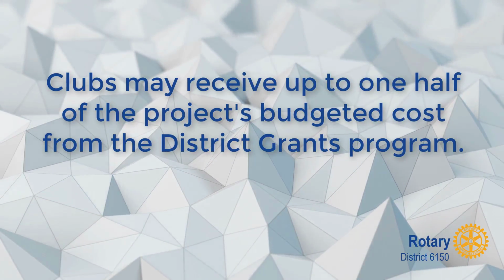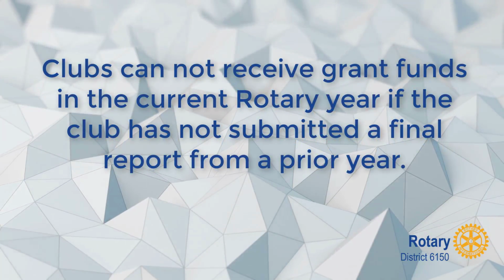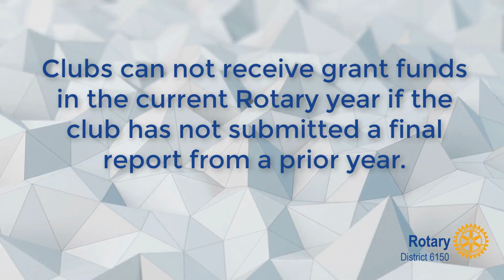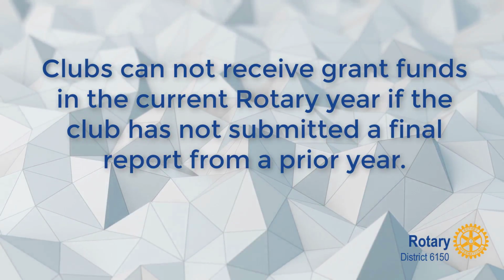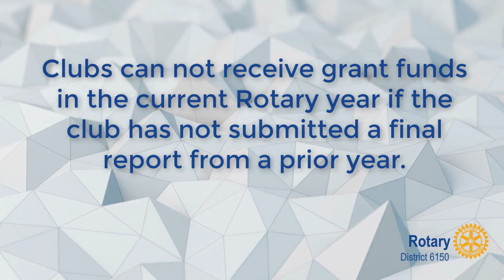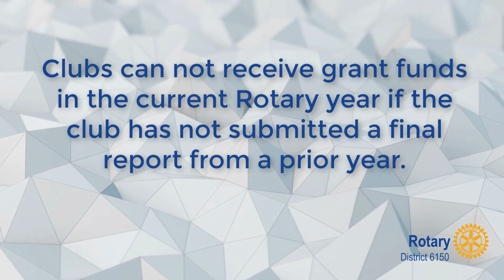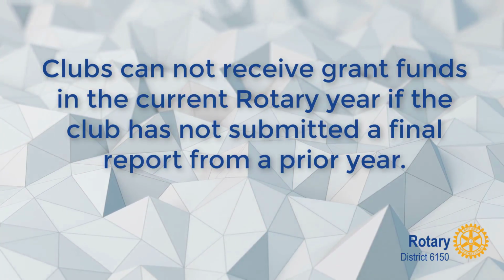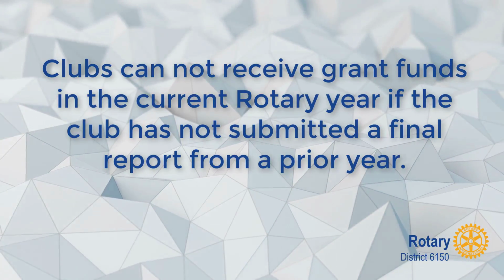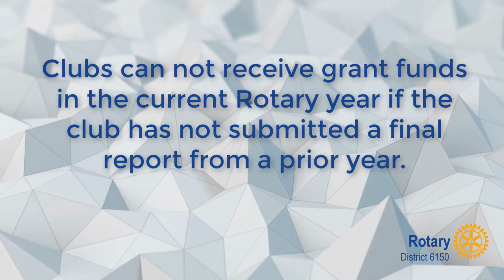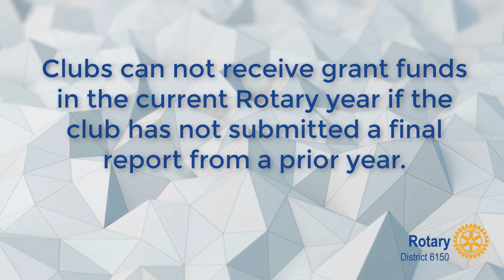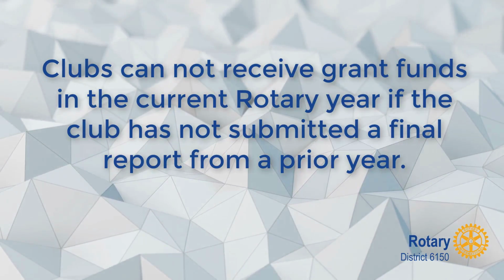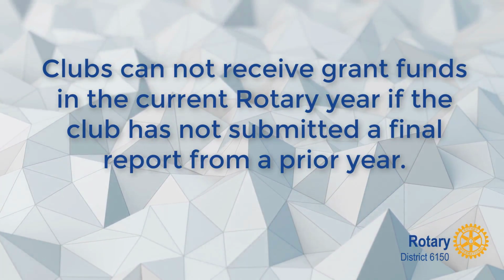One of the things to remember that is very important: if a club has an outstanding grant where they have not submitted their final report from any previous year, they will not be eligible to receive a grant for this current 17-18 year, Nancy's year. All of the final reports from all of the previous years have to be submitted and approved by the district before they'll be eligible for any funds for the 2017-18 year.